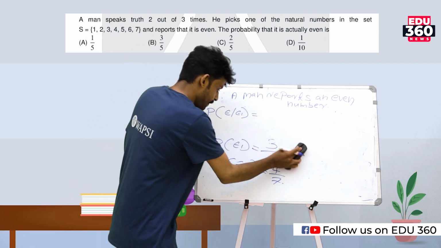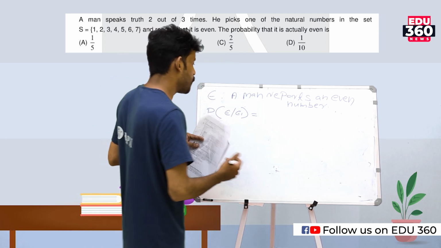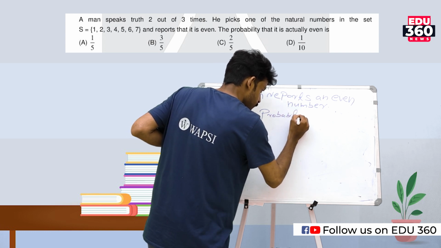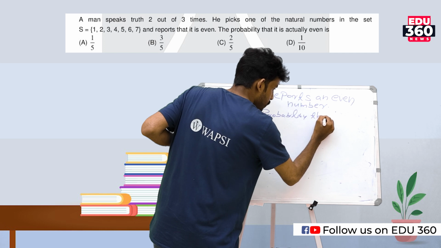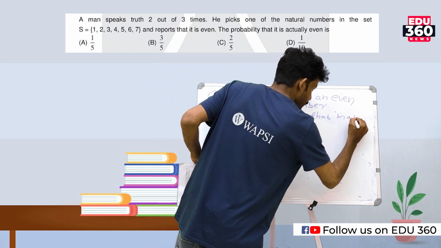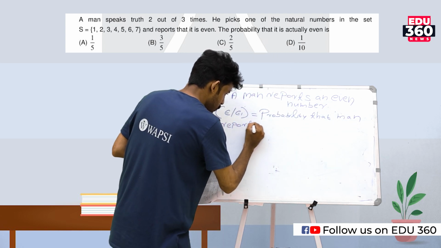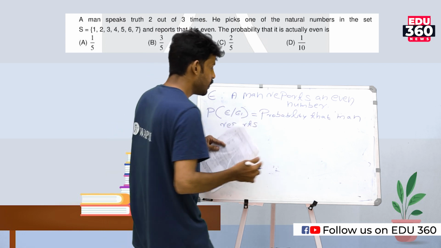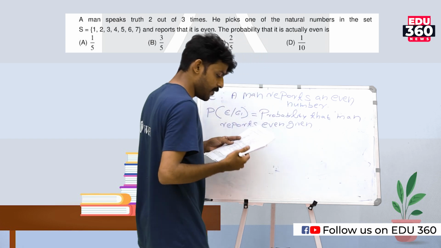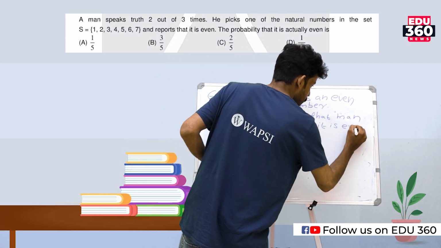So that is P of E bar E1. That means the probability that the man reports even given it is even.